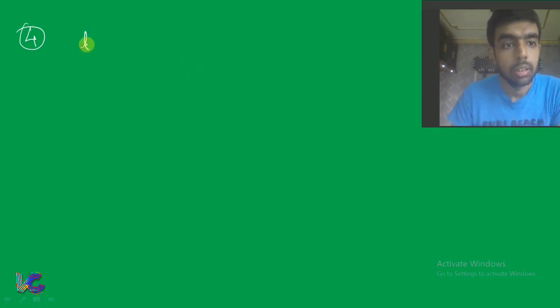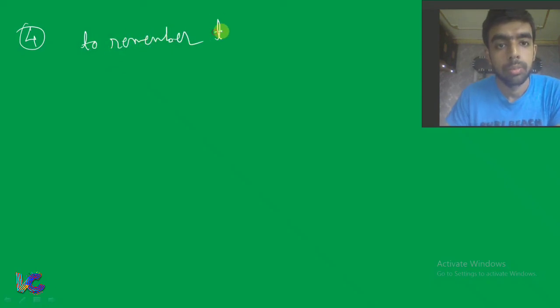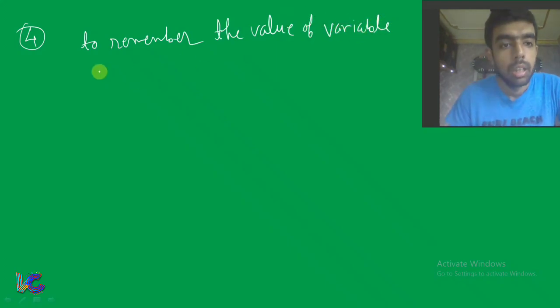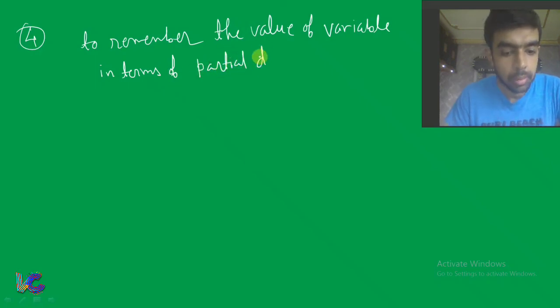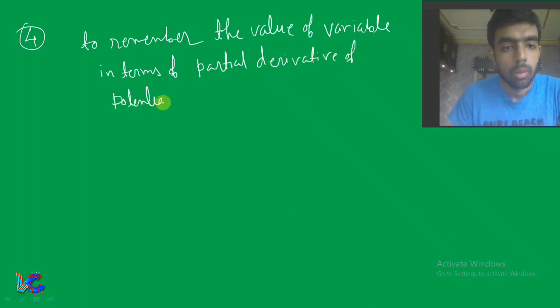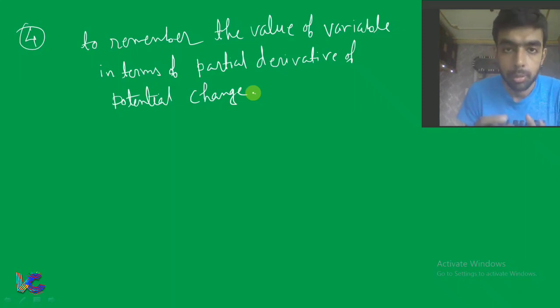It helps us to remember the value of the variable, that means P, V, S, and T, in terms of the partial derivative of the potential change.